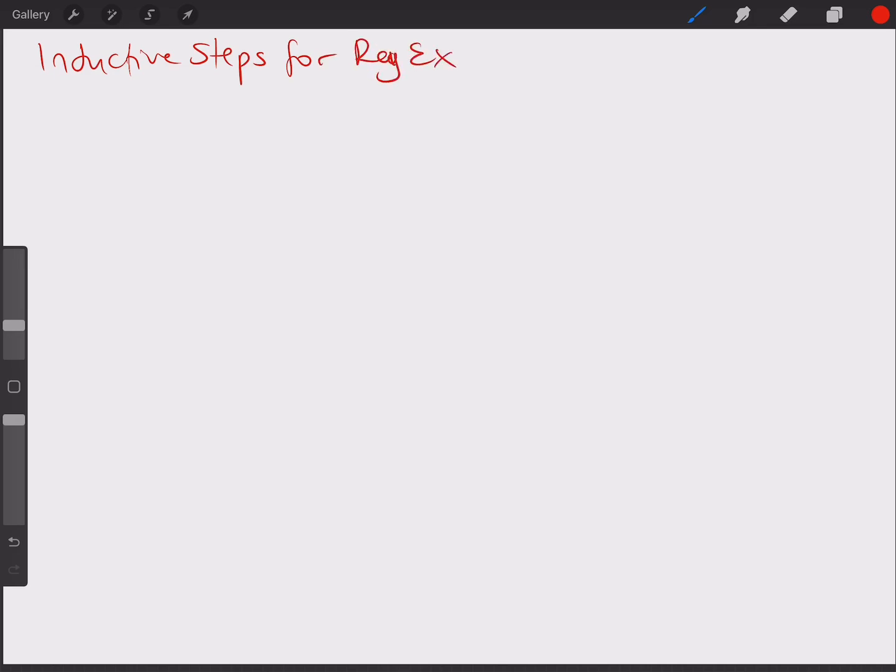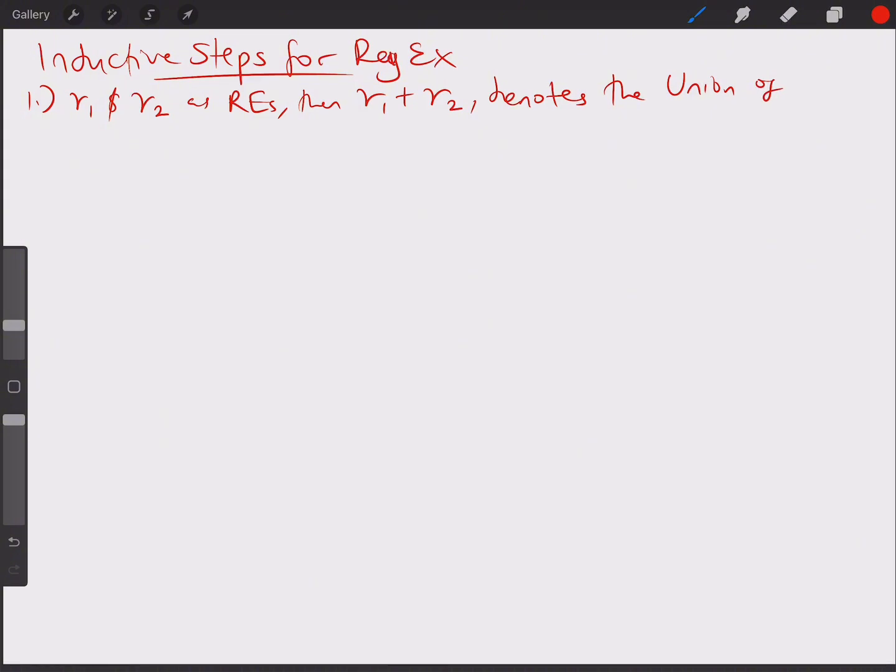Number one, if we have R1 and R2 as regular expressions, then R1 plus R2 denotes the union of the languages of those regular expressions. So we have L(R1) union L(R2). That's what happens when we have R1 plus R2.